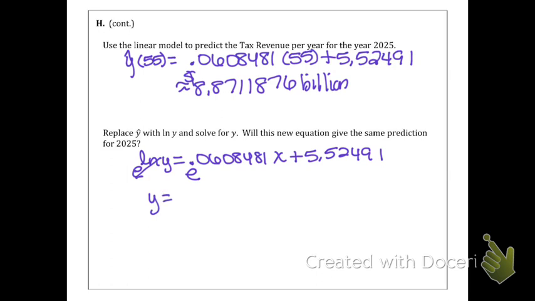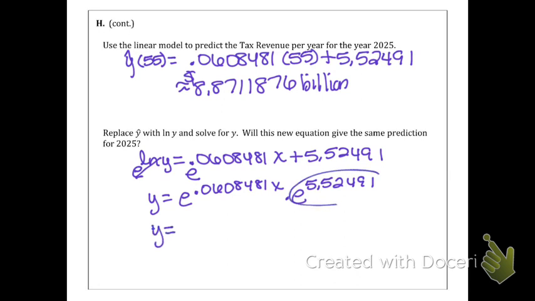Okay, and so it's equal to this other side, and I'm going to split this because they're being added. I know that means they had like bases, and they were being multiplied with like bases. So this is e to the 0.0608481x times e to the 5.52491. And so I get y equals, I'm going to take this part and write it first.